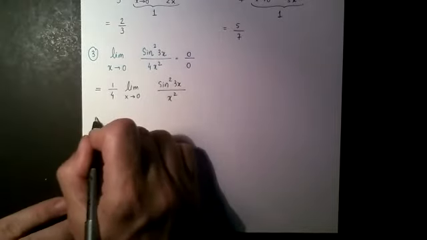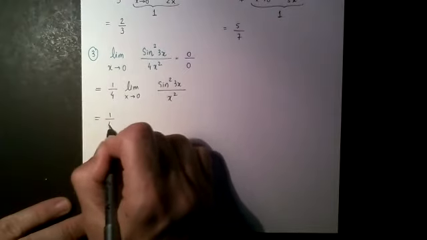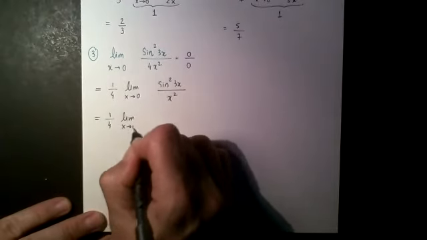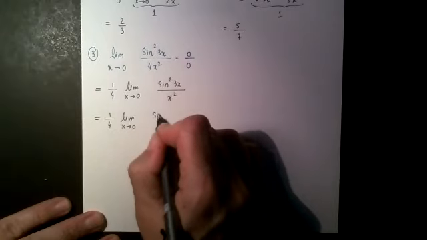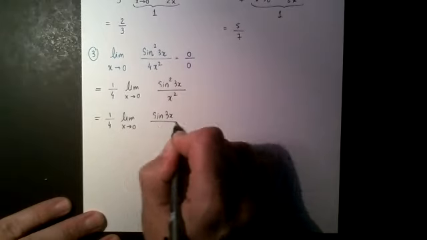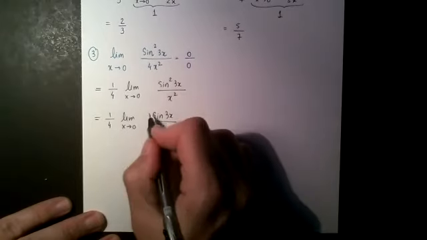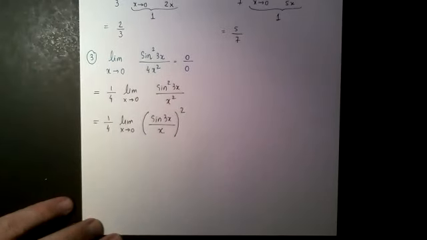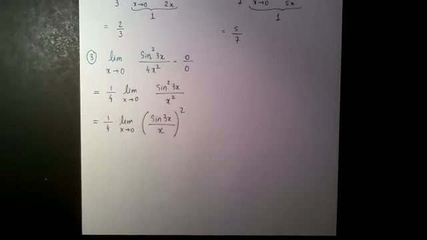So I'm going to rewrite it like this: 1/4 times the limit as x approaches 0 of sine 3x over x, all this squared. This means the same thing. You get it?